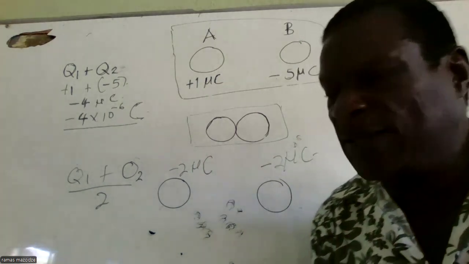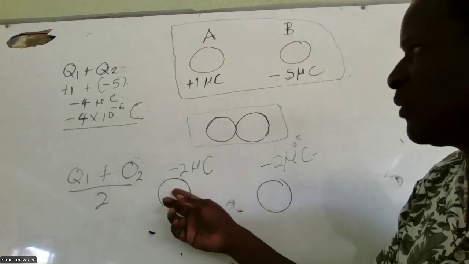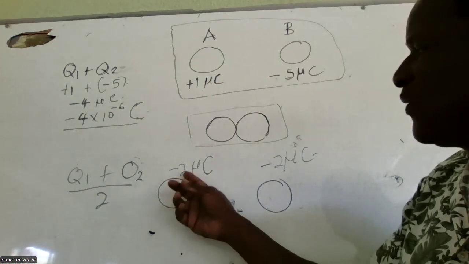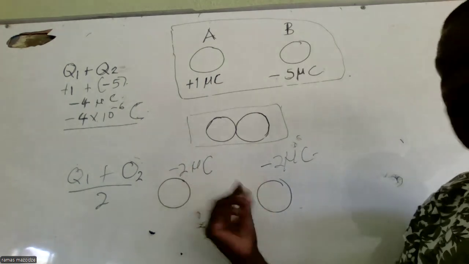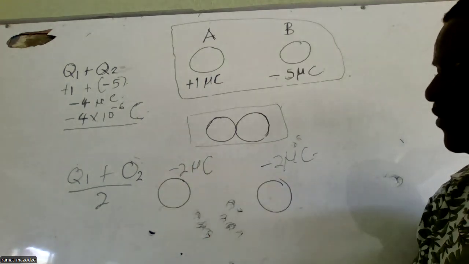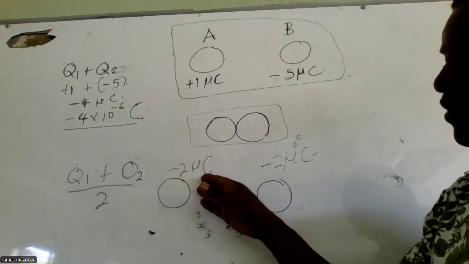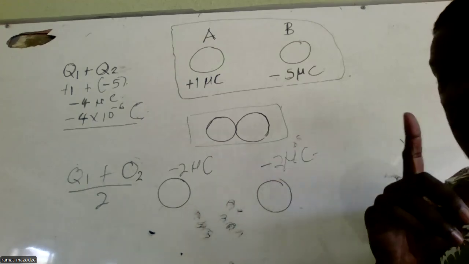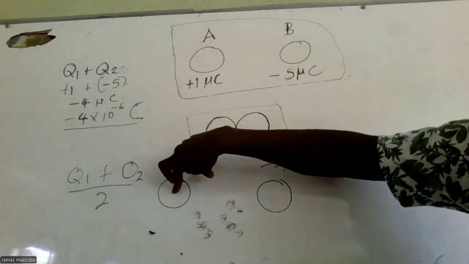Now, the other part that they ask is, how much charge was, this one was positive, is now negative. And the interesting thing is the two charges after separation have the same charge. So the answer for this is also equal to the answer for that. So QA is minus 2 microcoulombs, which is also equal to QB after. Remember, the initial is that one, the after is this one.